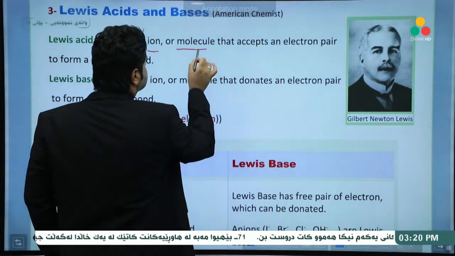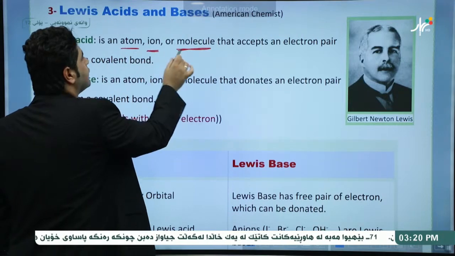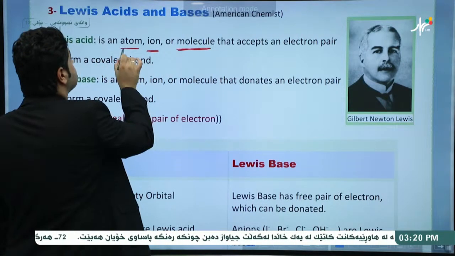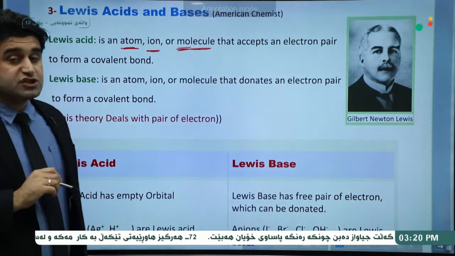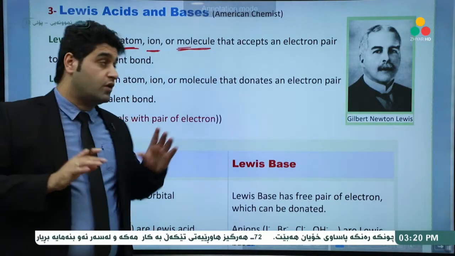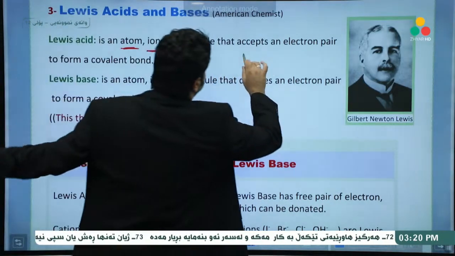Arrhenius said acid is only a molecule. But Brønsted said, no, acid may be an ion or molecule. And now Lewis said, no, acid is an atom or ion or molecule. So which of them is the broadest one? Of course, Lewis, that accepts the electron pair.